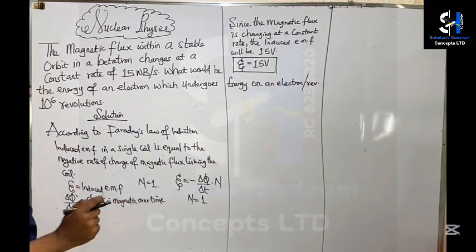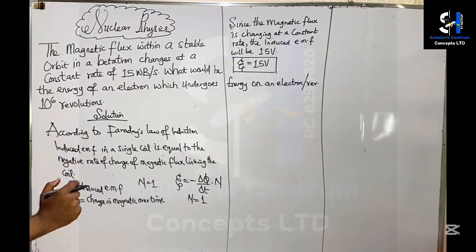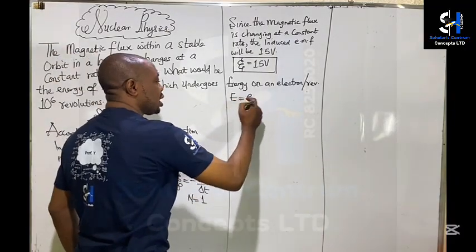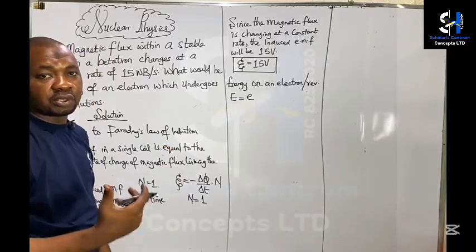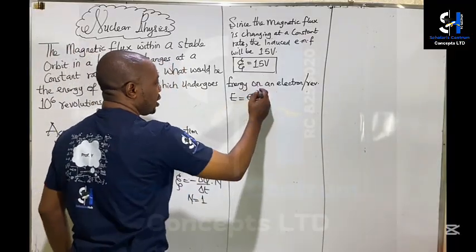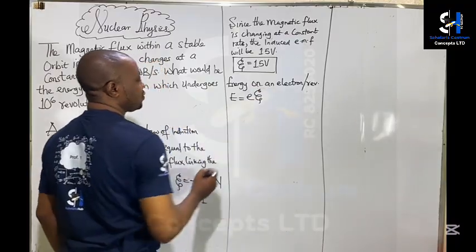So the energy on an electron per revolution would be E equals the magnitude of the charge on the electron multiplied by the induced EMF.